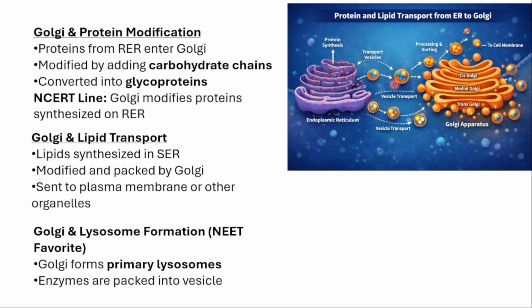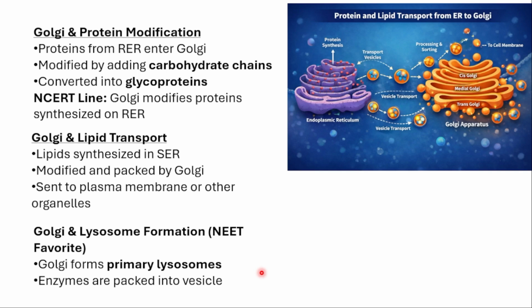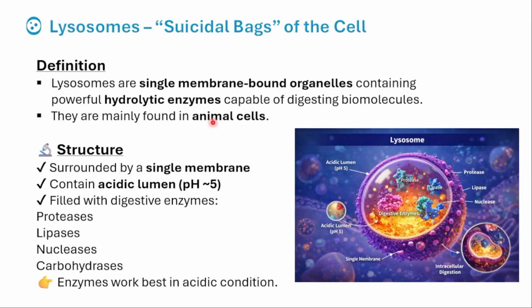If it receives protein, it is going to form a glycoprotein. If it receives lipids from the SER, then it is going to synthesize glycolipids. I hope this is clear. Next comes the lysosome. This is one of the important organelles, I can say. This is all about the Golgi and this is about lysosome.